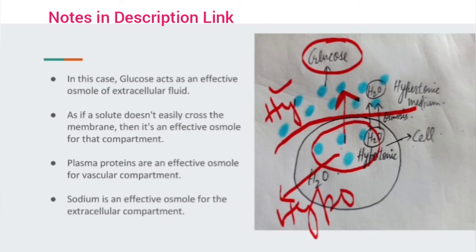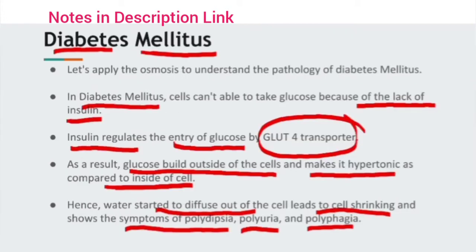As water moves from inside the cell to outside, the cell shrinks, and when water accumulates in the extracellular fluid, the excess water comes out in the urine, and we call it polyuria.